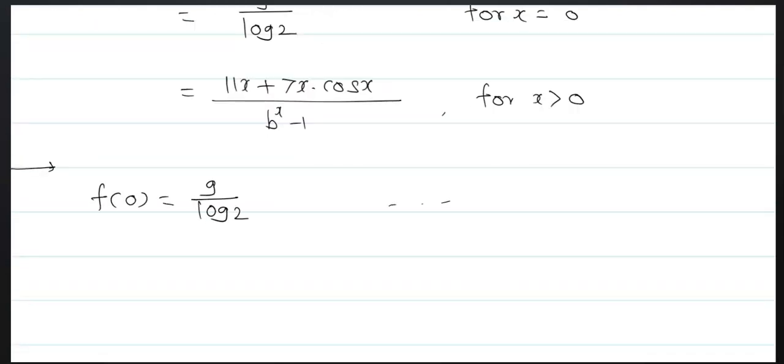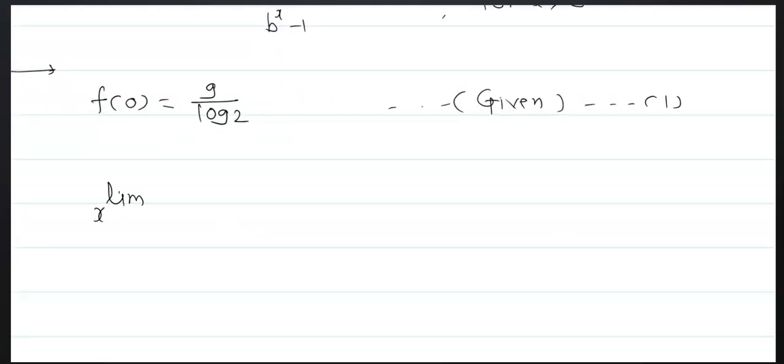Now here f of 0 is 9 upon log of 2. We'll check the continuity for left hand side and right hand side.